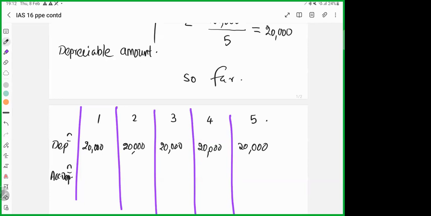The first year will be 20. Second year, 40, and so on. Third year, 60. Fourth year, 80. And the last year is 100,000.